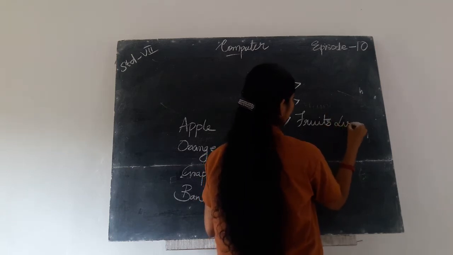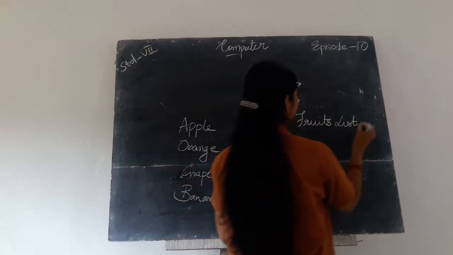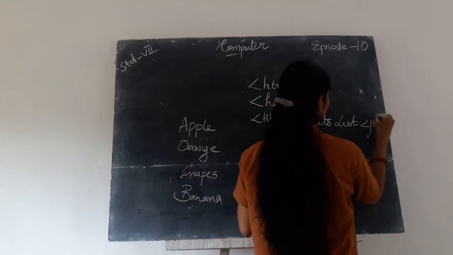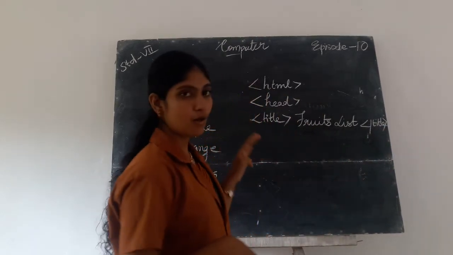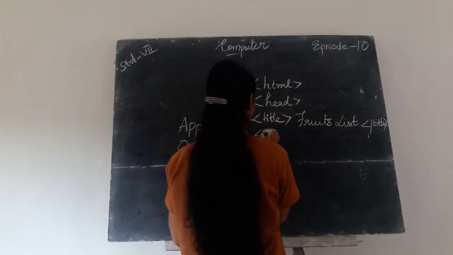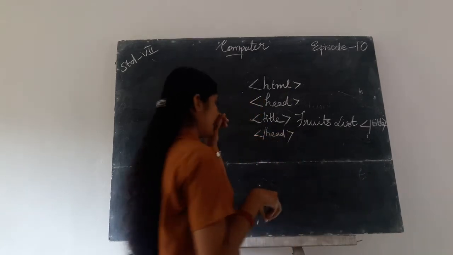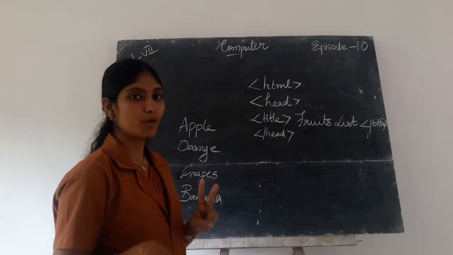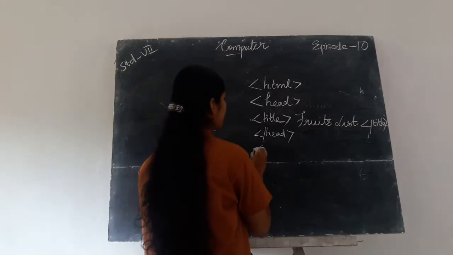Then close the title. After that, close the head part. Then the third part is the body part. The content should be added in the body part. So open the body tag.